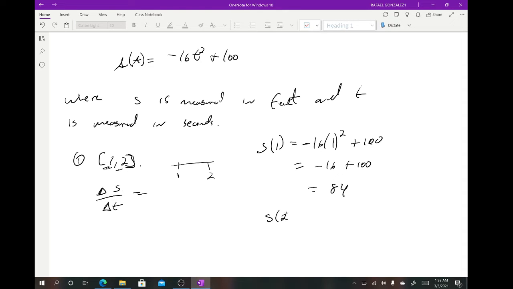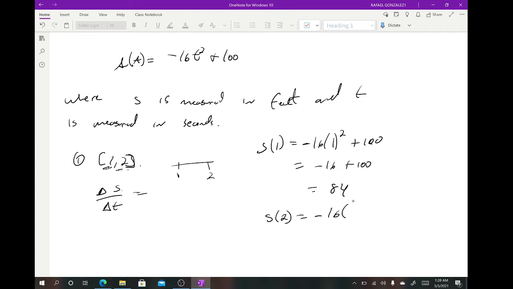And then for the second one, if we now take the right endpoint and evaluate the position at 2, then we have negative 16 at 2 seconds. So this is in terms of seconds, because remember t is in seconds.